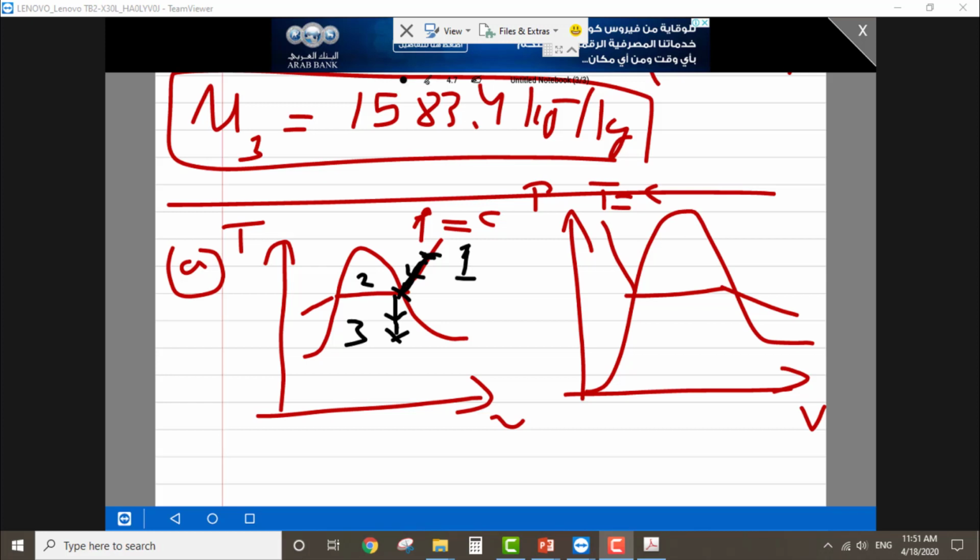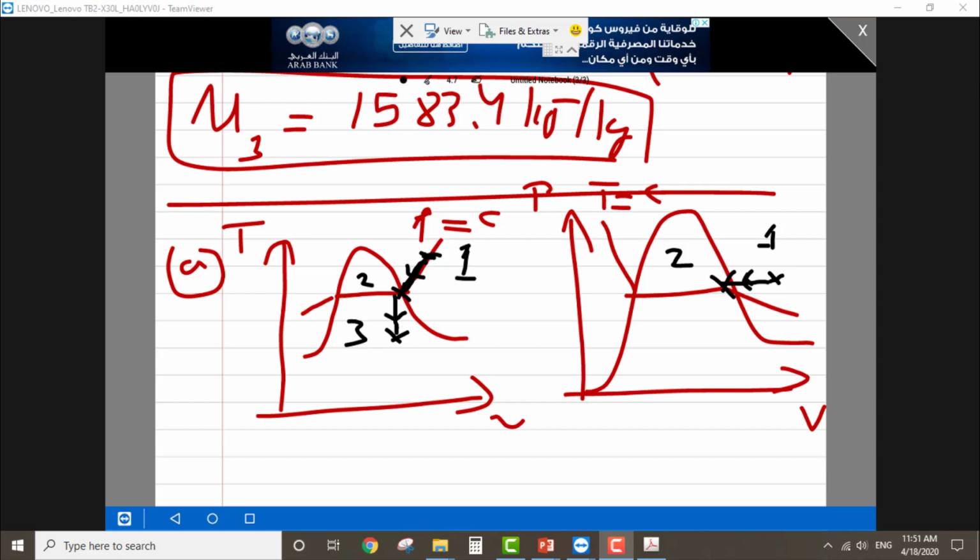Okay, the same processes we can draw on a PV diagram. On a PV diagram, it's mentioned that pressure is constant as it's cooled down. So here is state 1 in the superheated region. We transfer to state 2 until we reach saturated vapor at a constant pressure, and it's cooling down.